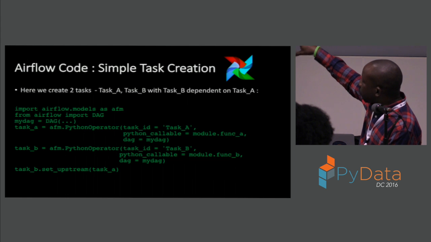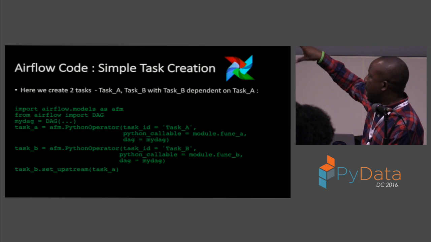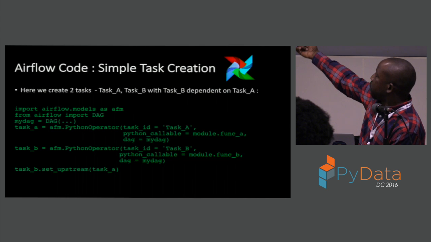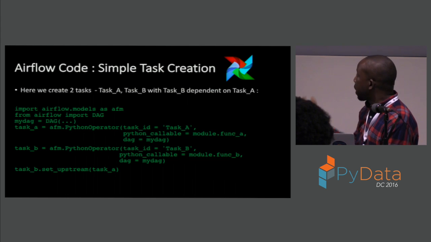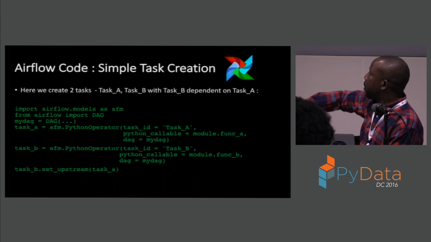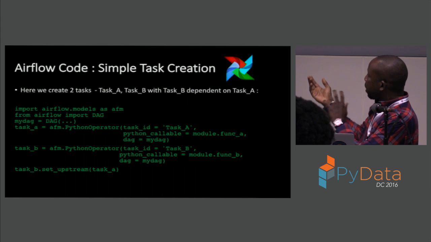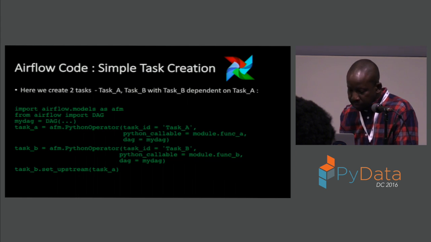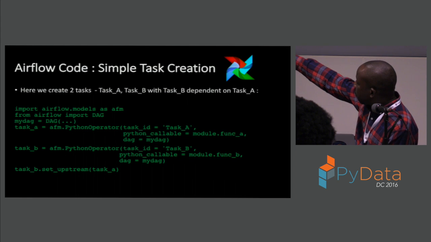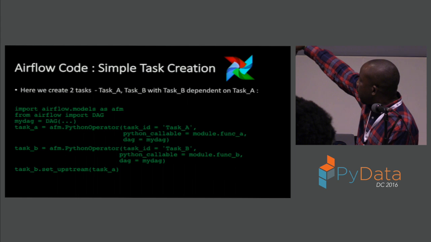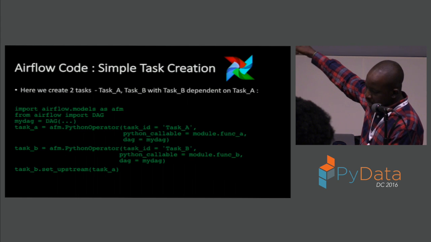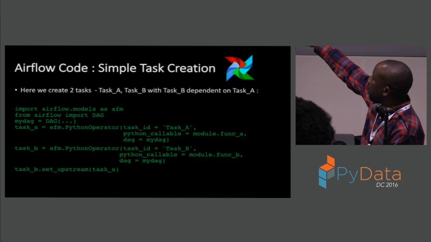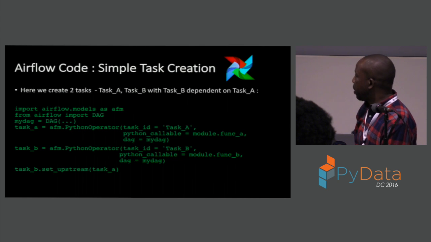What this script does is define what our DAG looks like. We'll run Python on this script to parse the DAG and save what the status of the DAG is. Then we'll run Airflow to actually execute the pipeline with the name of the task. Let's say the end of the pipeline is task B. You run airflow on task B, and it would execute, realize there's a dependency, and task A will be executed before task B.